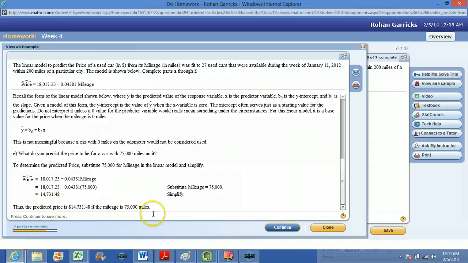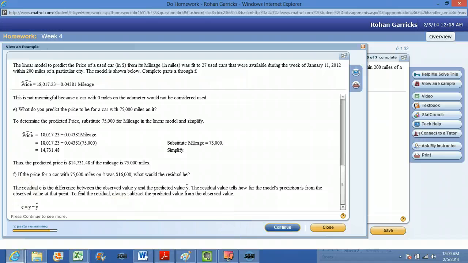Now the problem goes on to suggest that the predicted value is 14,731.48, but also if the price for a car with 75,000 miles on it was 16,000, what would be your residual? Your residual is going to be the difference between the actual value and the forecasted value.